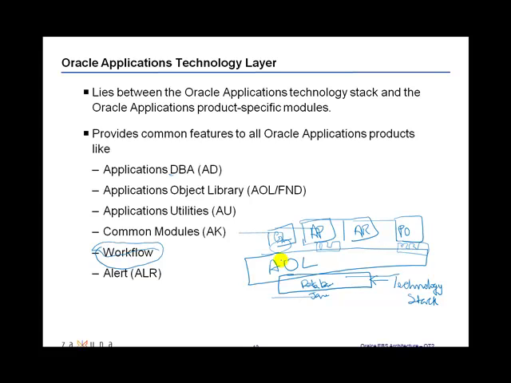But the underlying technology that is being used is a common technology, which is the workflow, Oracle Workflow. And Oracle Workflow is nothing but a combination of PL/SQL packages and Java procedures, and a whole bunch of tables that store that information.